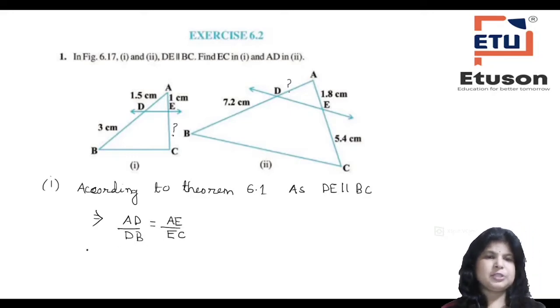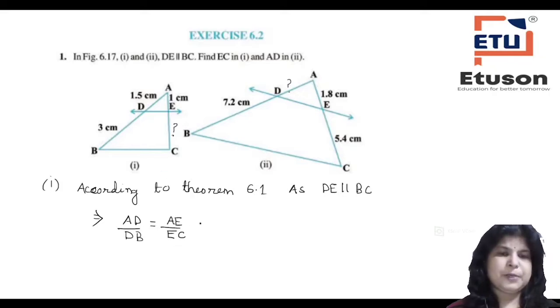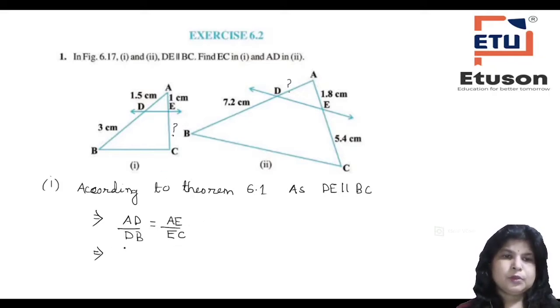Now let us substitute the values which you can obtain from the figure. So it implies your AD is 1.5 divided by DB is 3 is equal to 1 divided by EC.